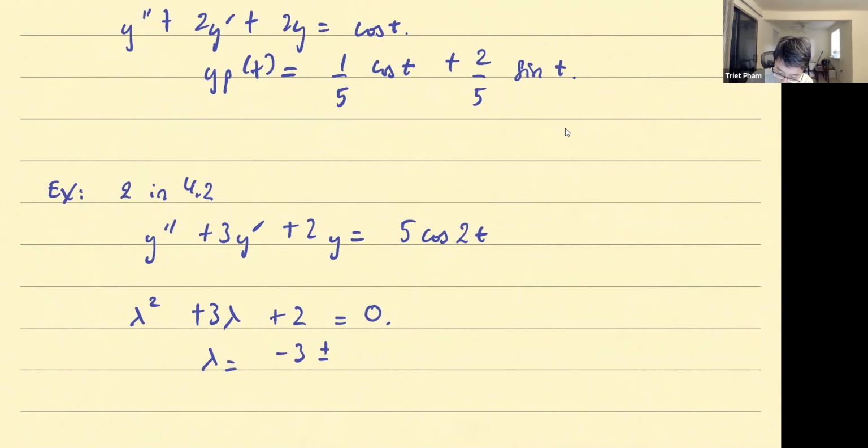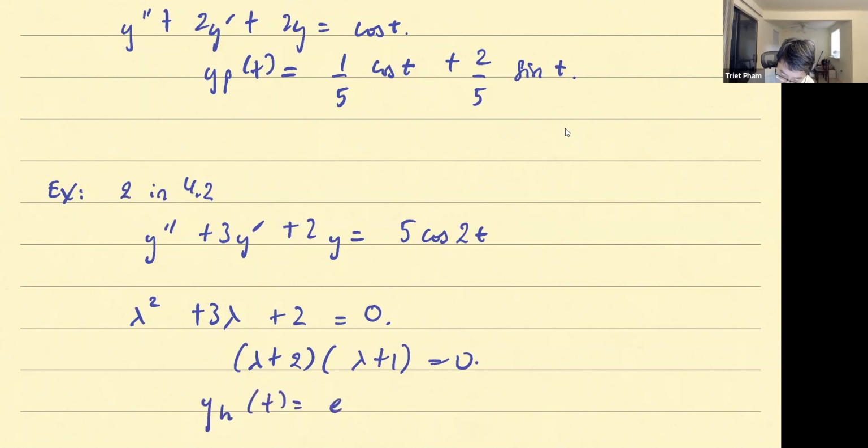Wait, hold on, b squared minus 4ac. This is real, so it's not complex even. Oh, it does factor, sorry. So it's really lambda plus 2 times lambda plus 1 equal to 0, so it's not even complex. So YH is C1 e to minus 2t plus C2 e to minus t.